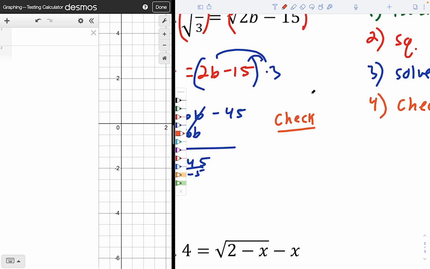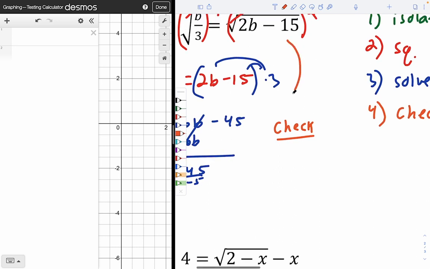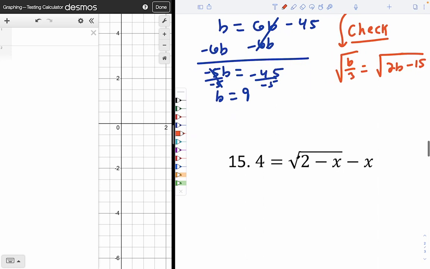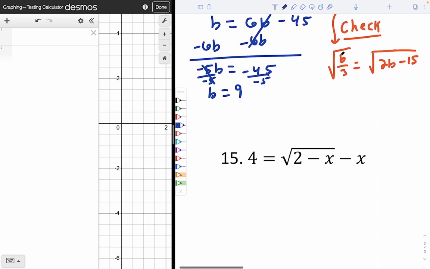To check, we're going to take the original equation before we did anything: square root b over 3 equals square root 2b minus 15. Take your original equation, and to check it, you're going to replace the variable with the number that you found.